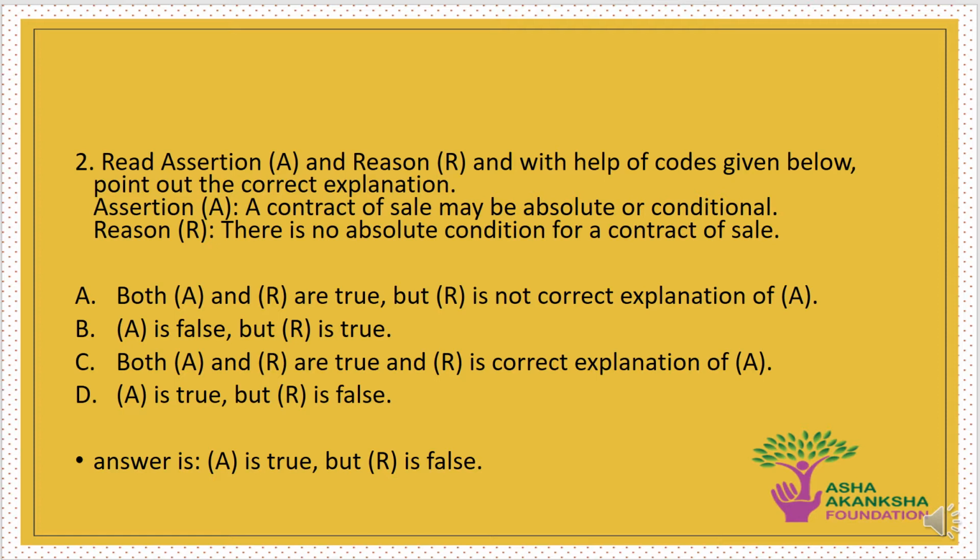The options are A, both A and R are true, but R is not the correct explanation of A. B, A is false, but R is true. C, both A and R are true, and R is the correct explanation of A. And D, A is true, but R is false. The correct answer to this question is option D, that is, A is true. That means the assertion is true, but the reason is false.